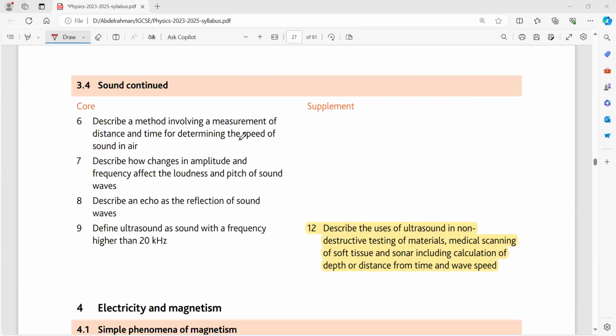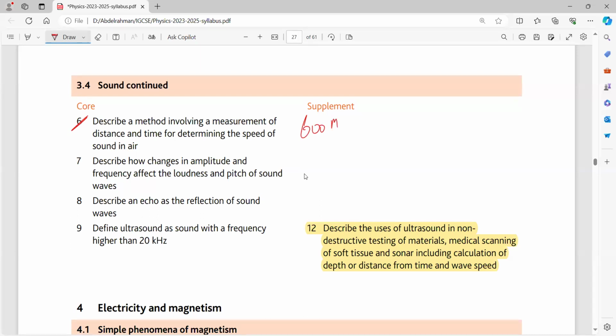Again, sound. How can I measure the speed of sound in air? We had a very simple experiment with two students. One of them had a smoke gun, and the other had a stopwatch. They had to measure a long distance between them, at least, let's say, 600 meters, using a measuring tape.